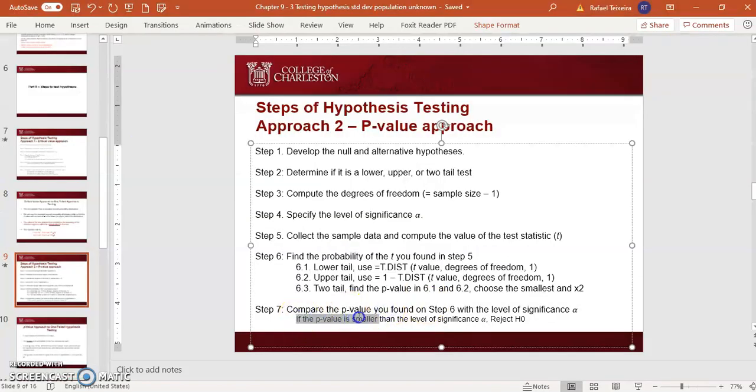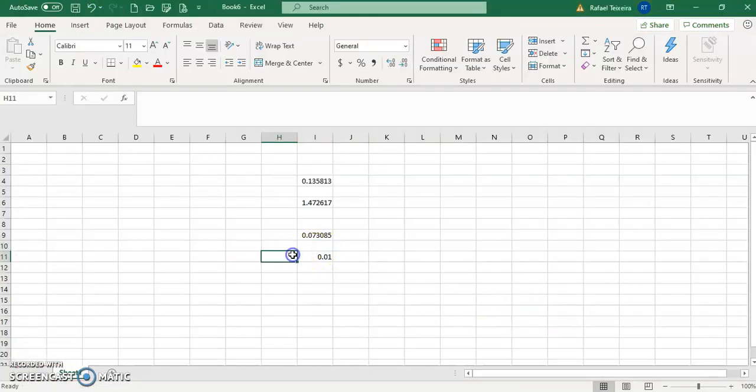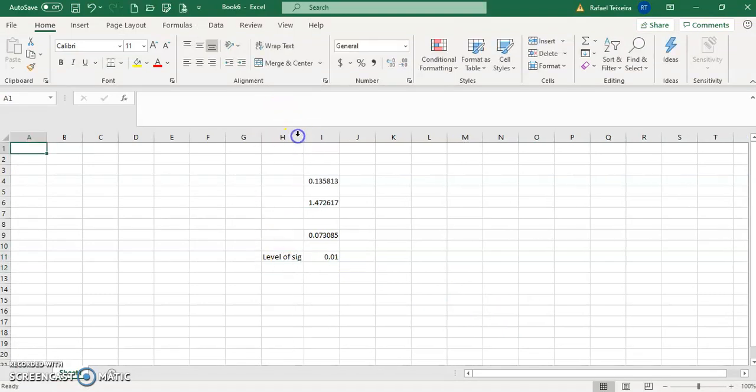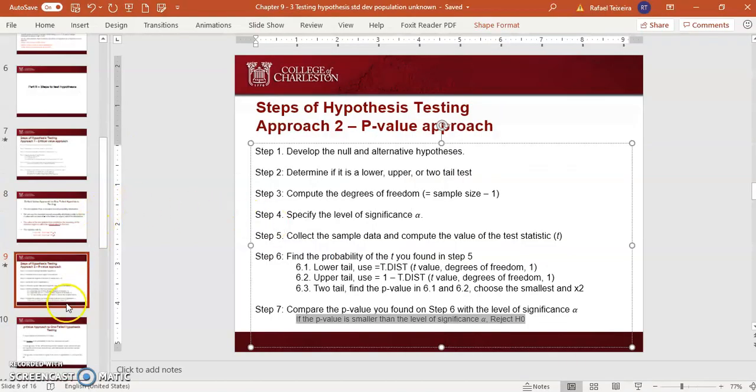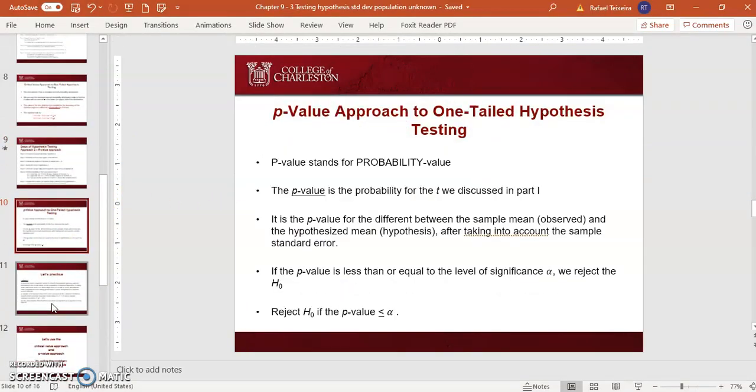If the p-value is smaller than the level of significance, reject the null hypothesis. So if the p-value is smaller, I reject the null. Well, the p-value 0.07 is not smaller than 0.01, so I fail to reject the null hypothesis. I accept the null hypothesis. Okay, so this is the p-value approach.